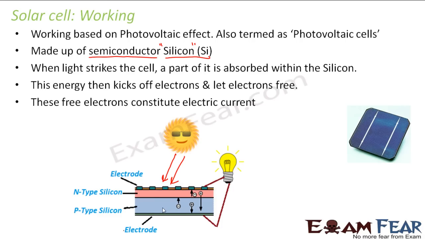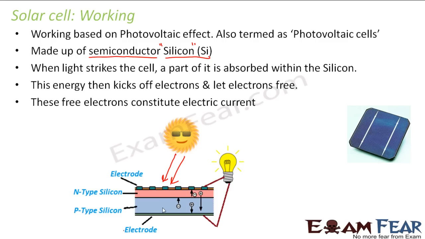So if you have electrons which are free to move, those electrons can constitute electric current, right? So in a solar cell also, if you want to generate electricity, you want free electrons. In order to get those free electrons, you should have some energy to knock them out from silicon. You get that energy from sunlight. When sunlight falls on silicon, some portion of it gets absorbed. This absorbed energy will then kick off electrons and make them free.